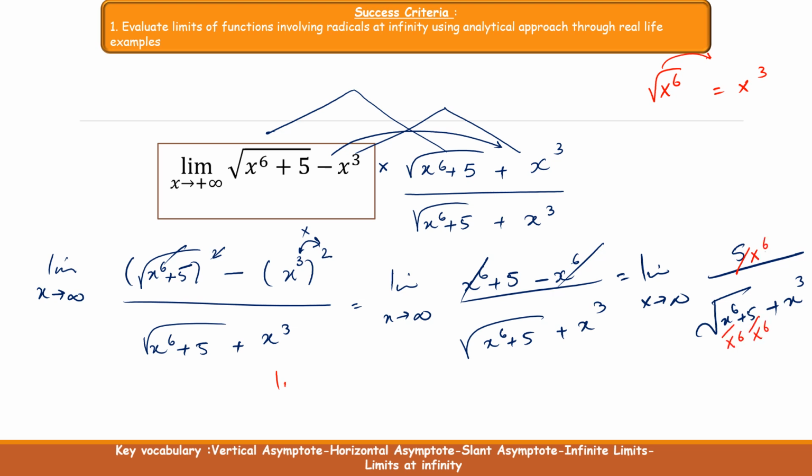I should not write x power 6 here. The reason is that it has to be x cube because it is outside the square root. So we have 5 over x cube over this, cancel. We will have 1 plus 5 over x power 6, plus 1. Now apply the limit and you will see the answer will be 0.